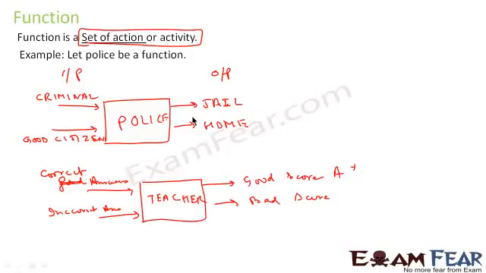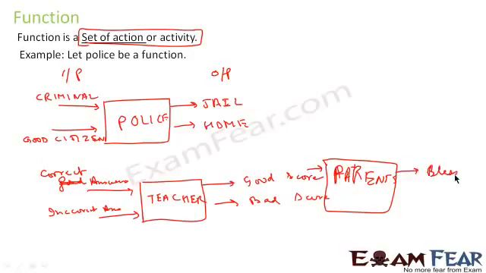Let's take an example where the output of one function goes as input to another function. Here let's take one more function called parents. P-A-R-E-N-T-S. You gave a correct answer to the teacher. Teacher gave you a good score. You showed the good score to parents. You got blessings, and you get gifts from parents.